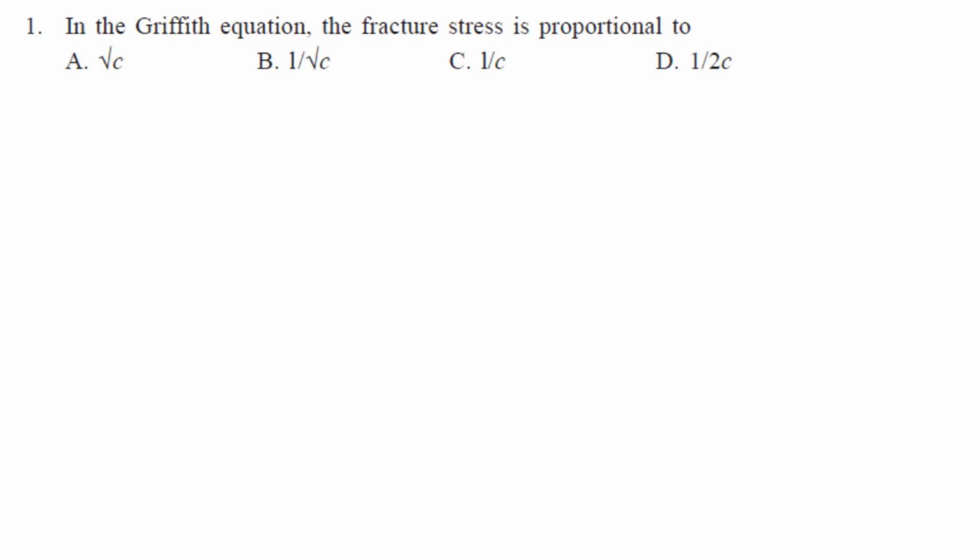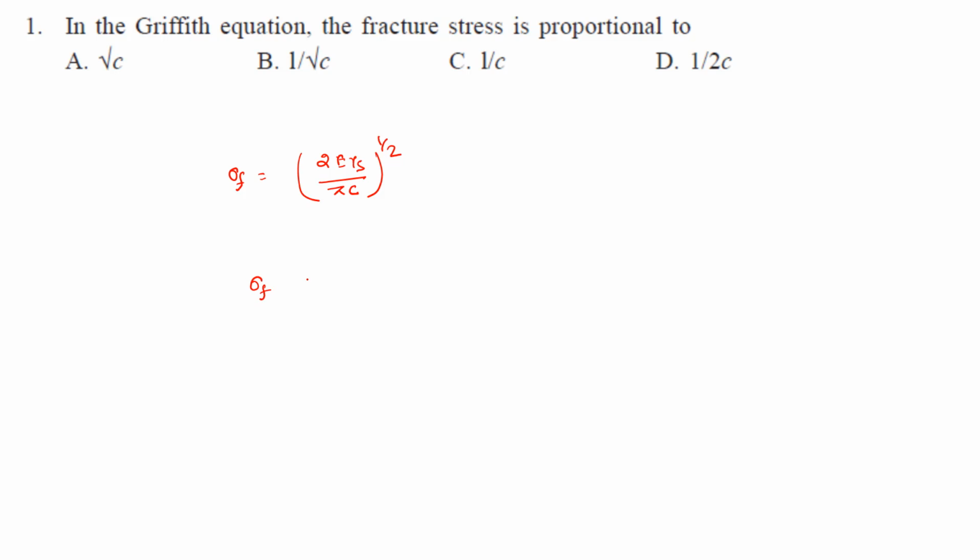Let us solve fracture questions. In the Griffith equation, the fracture stress is proportional to? If you see the Griffith equation, that is sigma f equal to (2E gamma s upon pi c) to the power half. Here, c is the crack length, right?